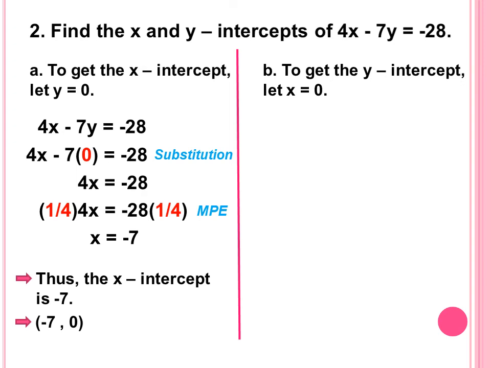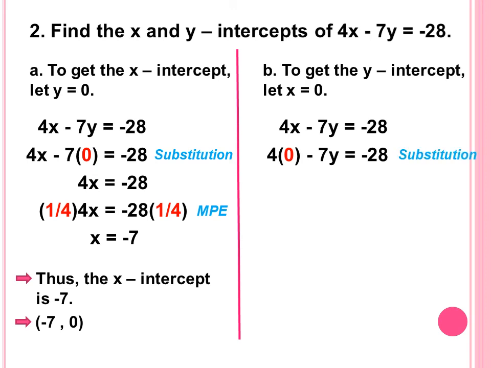Next, to get the y-intercept, let x is equal to 0. Write down our equation. 4x minus 7y is equal to negative 28. X naman ang papalitan natin ng 0. 4 times 0 minus 7y is equal to negative 28. 4 times 0 is 0. So we have negative 7y is equal to negative 28.